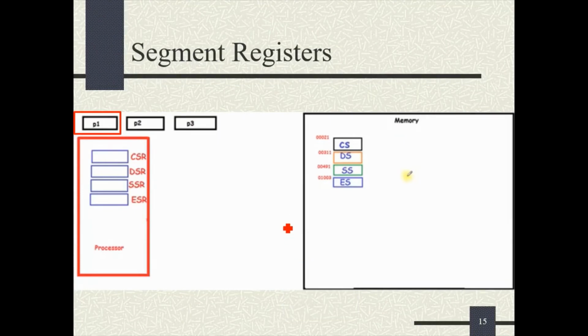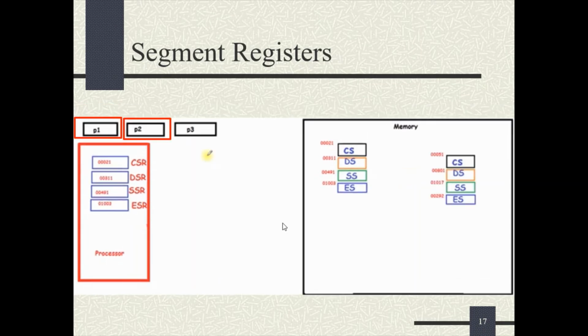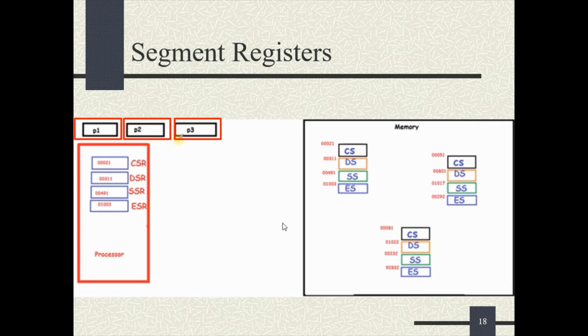But before explaining the offset registers and how offset should be decided, again I am explaining here the segment registers and how segment registers are pointing towards the segments of the process being executed on the processor. Here in the scenario of the memory, 3 processes are loaded in the memory.